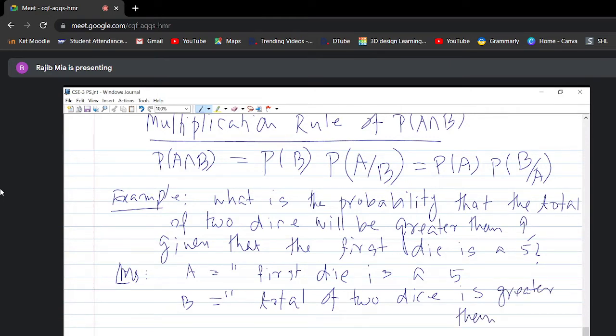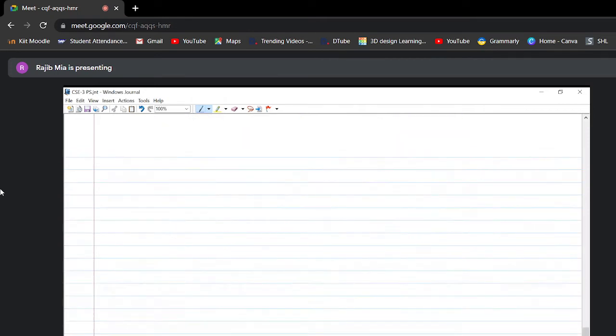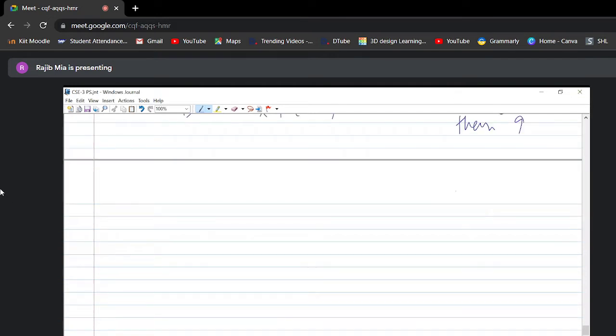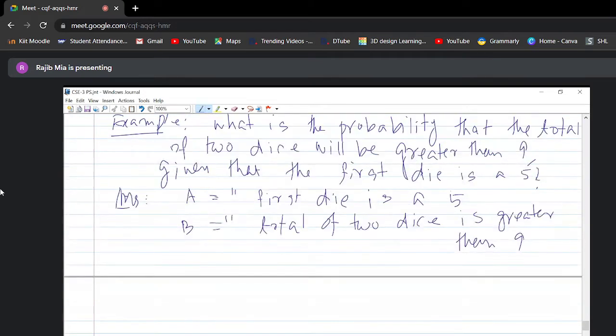So we have to find this conditional probability. The already happened event here is A, and we have to find the probability that the total of two dice is greater than 9. So this is B by A we have to find, right? Probability of B by A.